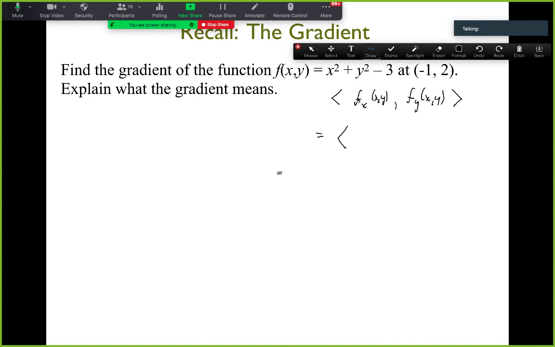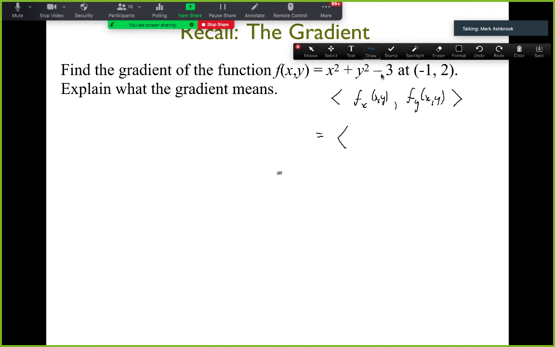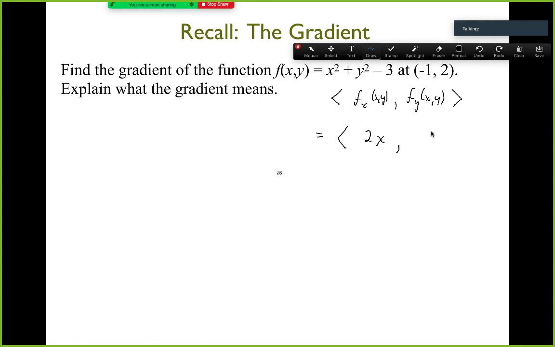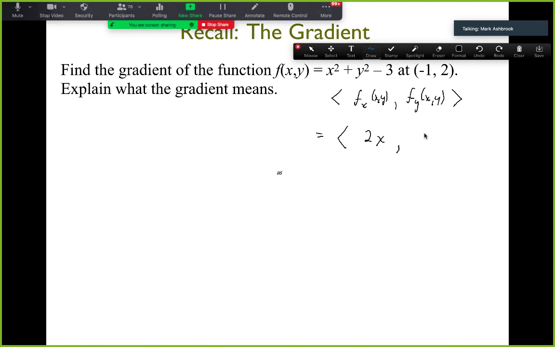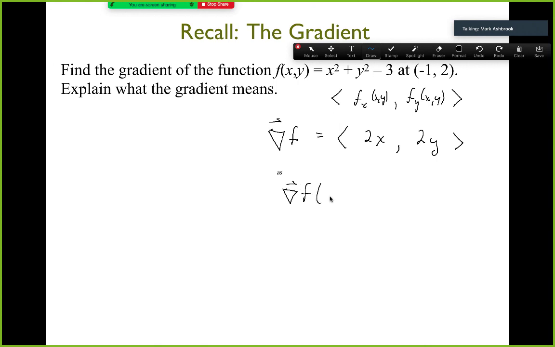What would the gradient be for this function? 2x. And? 2y. Partial derivative with respect to x, partial derivative with respect to y. And we said that was the gradient of f. And then we could plug in (-1, 2), for instance. So the gradient evaluated at (-1, 2) was?